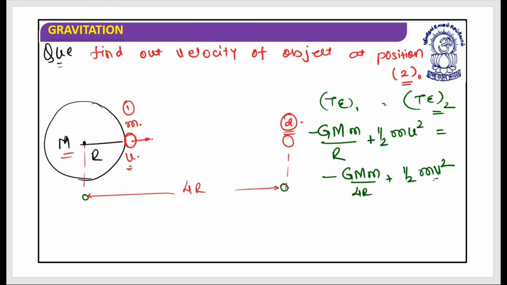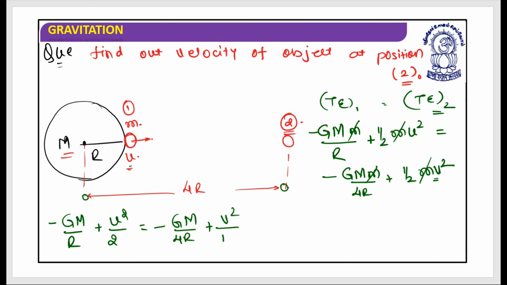So when you want to find the velocity at this location, the mass m has gone, and you are left with minus GM by r plus u square by 2, which equals minus G into M by 4r plus v square by 2.